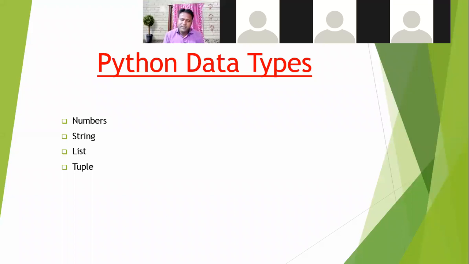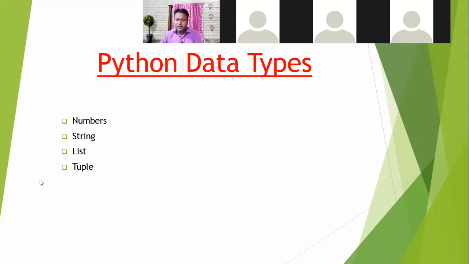Based upon this, the data types are defined: numbers, string, list, tuple. The number and string you are already familiar with from other programming languages. List and tuple are a new concept added, a new part where you are storing the value.